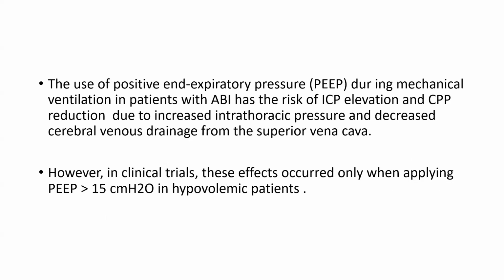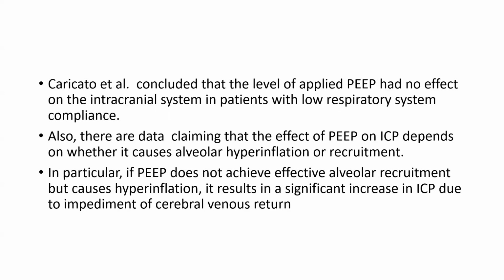The use of PEEP during mechanical ventilation in patients with acute brain injury has a risk of ICP elevation and CPP reduction due to increased intrathoracic pressure and decreased cerebral venous drainage from the superior vena cava. However, in clinical trials, this effect occurred only when applying PEEP more than 15 mmHg in hypovolemic patients. Caricato et al. concluded that the level of applied PEEP had no effect on intracranial pressure in patients with low respiratory system compliance.